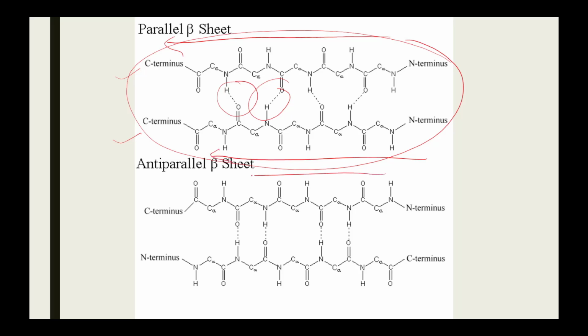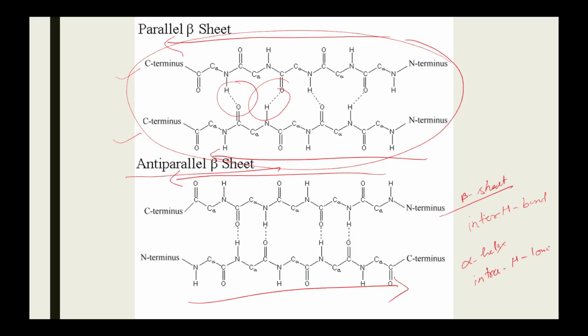If they are in opposite directions and joined by hydrogen bonding between each other, that is called an anti-parallel beta sheet. So in the beta sheet we find inter-hydrogen bonding, while in the alpha helix we find intra-hydrogen bonding.